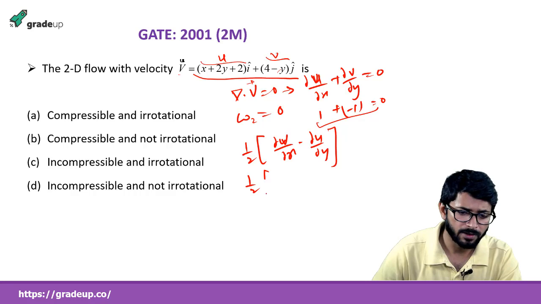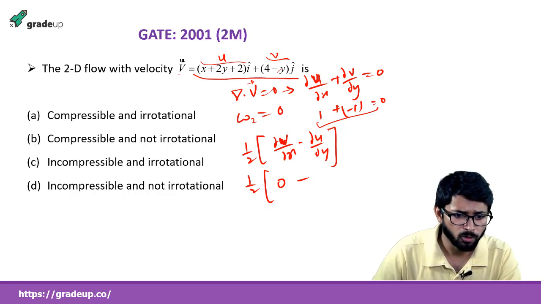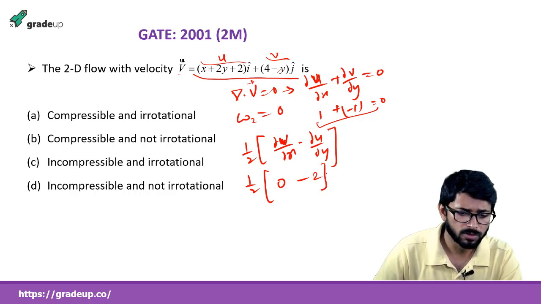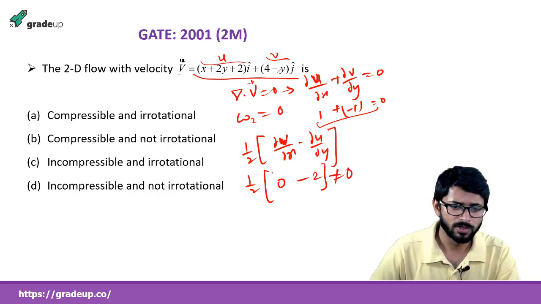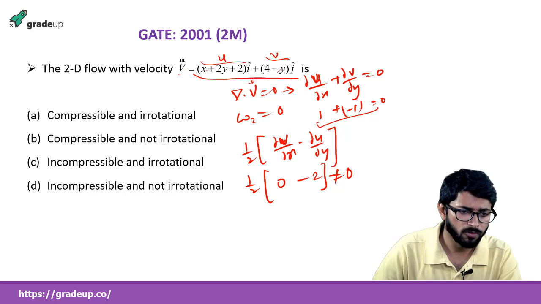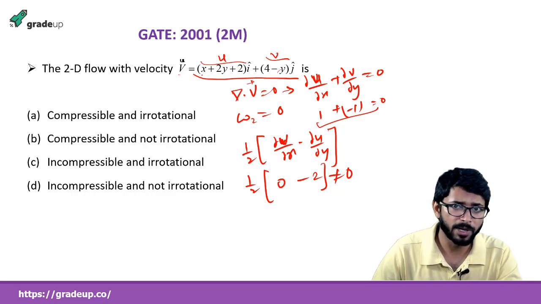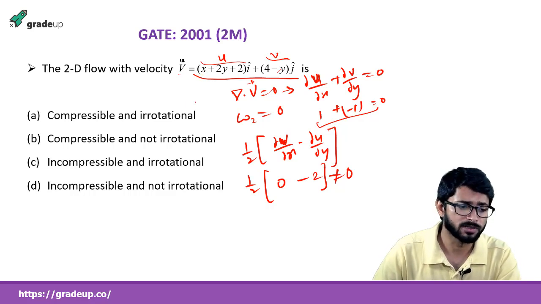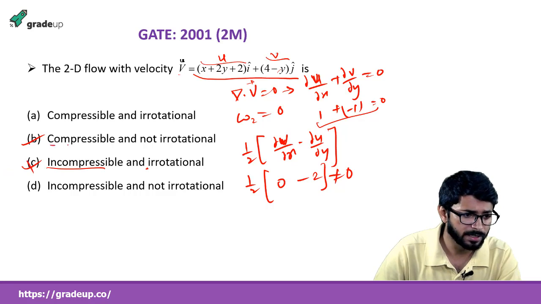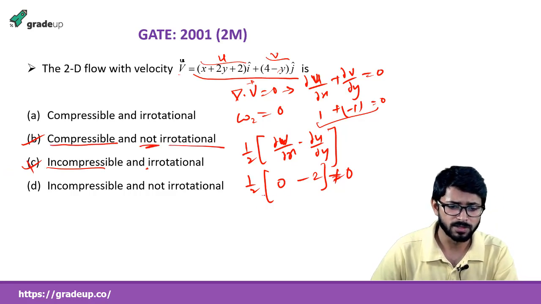Del v by del x is equal to 0 because there is no x component, and del u by del y comes out to be 2. So it is not equal to 0. So it is a velocity field which is incompressible but not irrotational. Option B is correct.